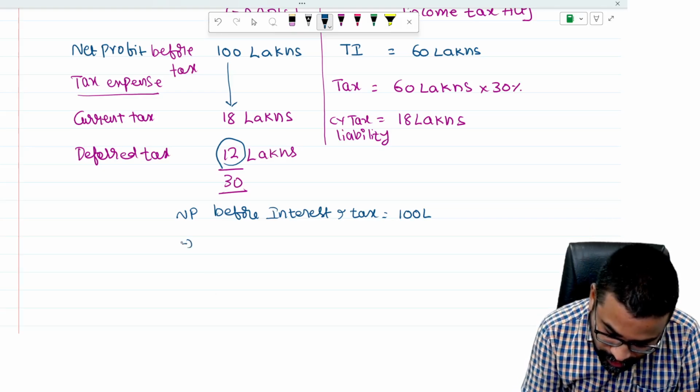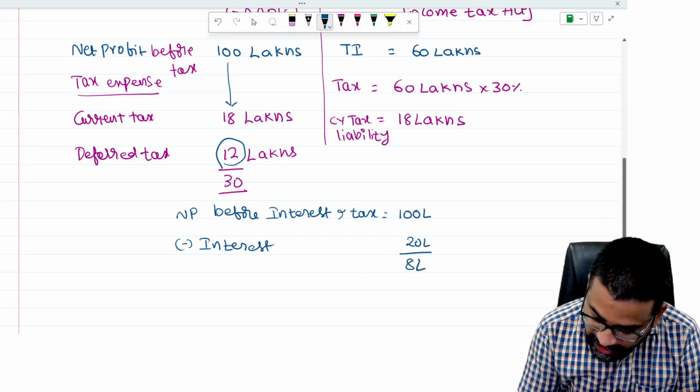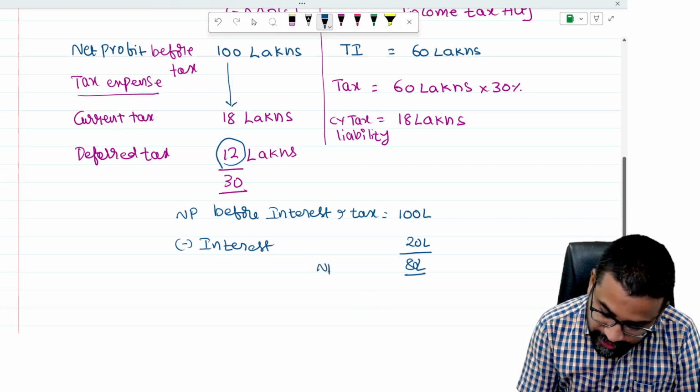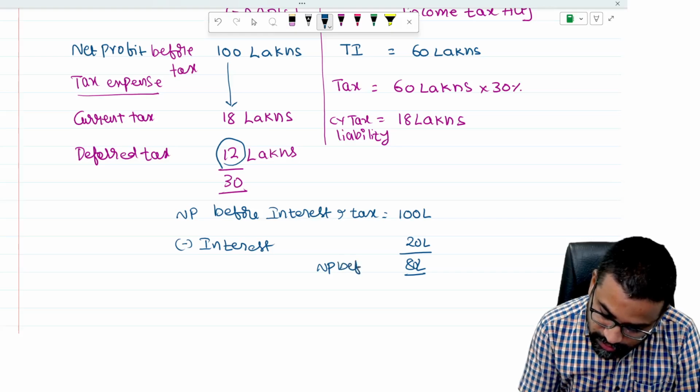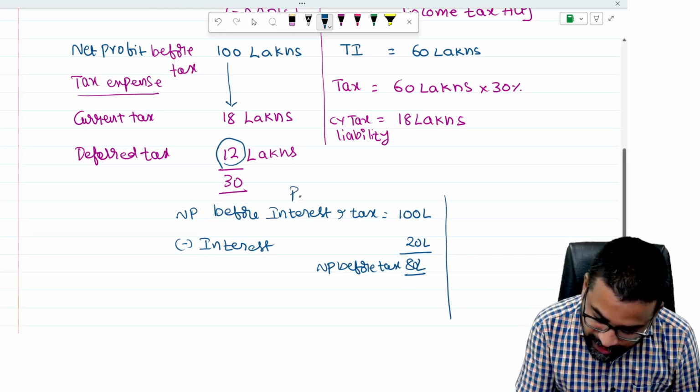Now my interest expenses are 20 lakhs. Now how much? 80 lakhs. This is my net profit before tax. This is as per accounts, as per P&L account.